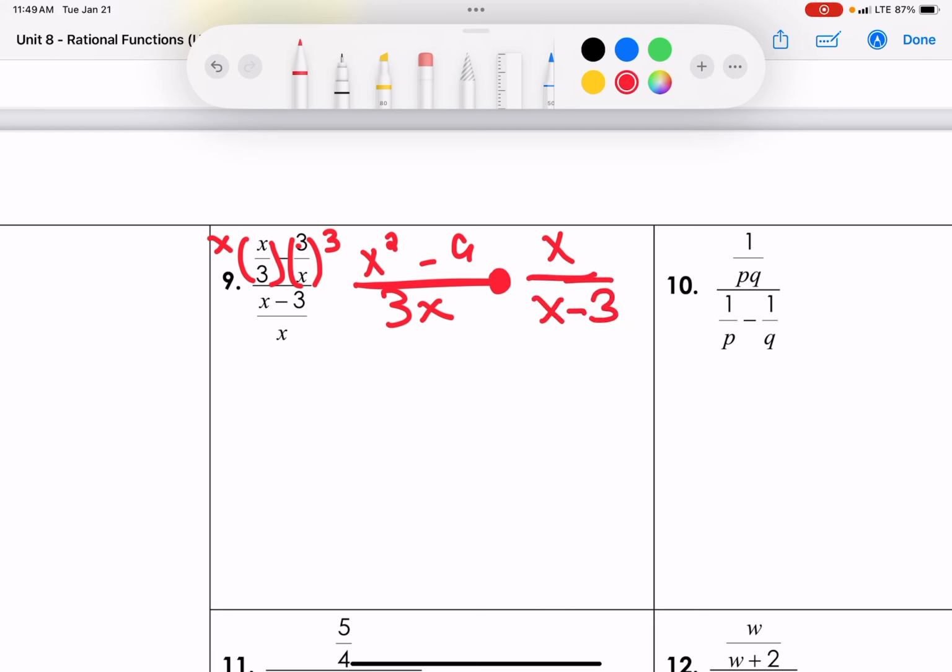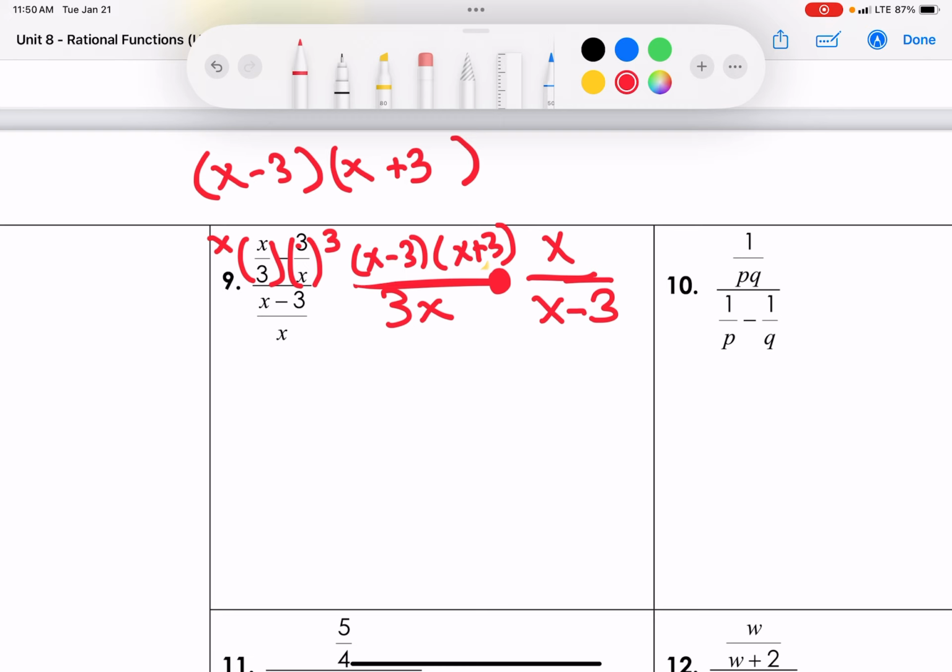Now, can I factor anything? I can right here. It's a perfect square binomial, and I'm going to factor that out. That's going to give me x and x, and minus 3, plus 3. So I'm going to simplify that part: x minus 3, x plus 3. Can I simplify anything?